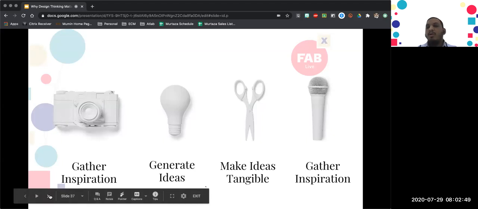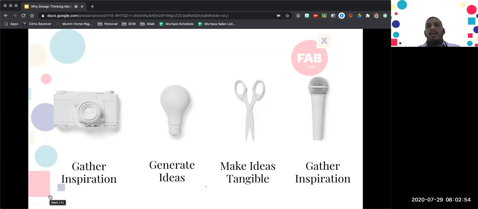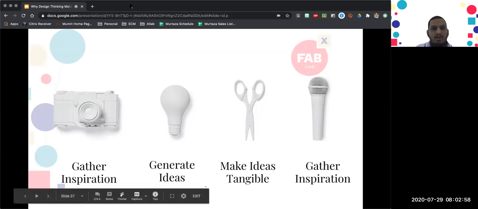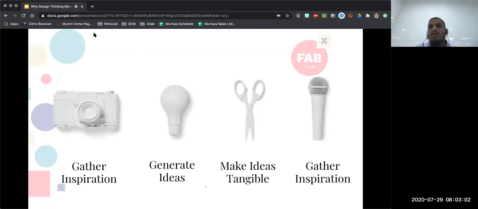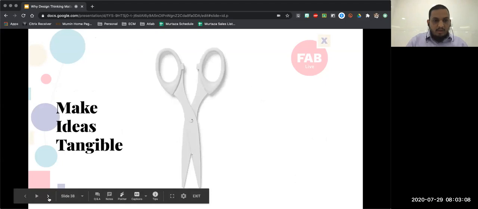Okay. For today, we're going to use a simple paper and a pen. So if everyone can just grab a piece of paper and a pen. Okay, so I want everyone to grab a piece of paper and a pen. Okay, and we're going to make our ideas tangible.